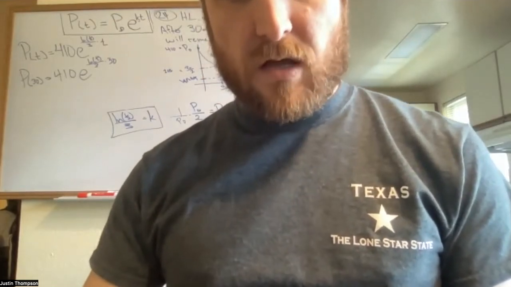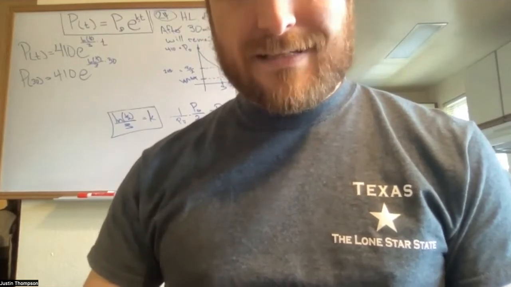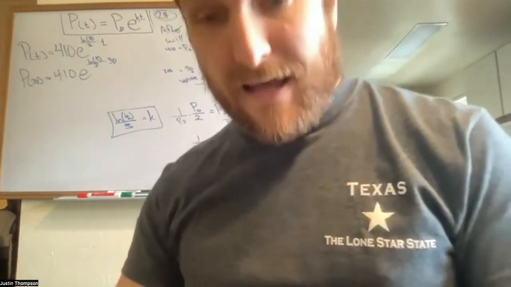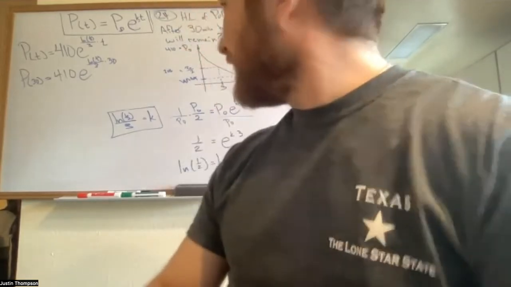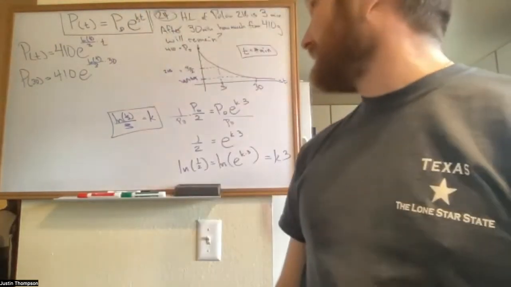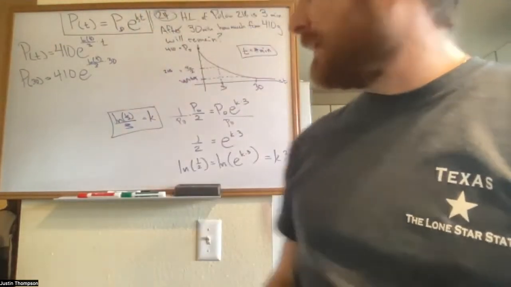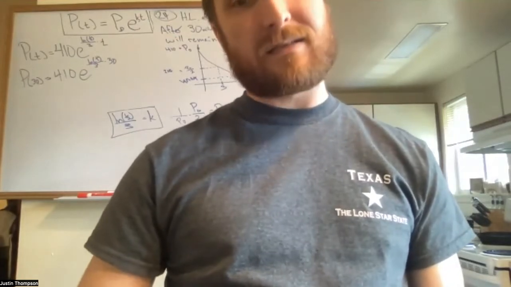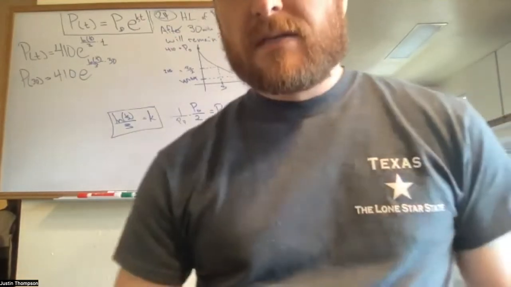Natural log of 1 over 2 divided by 3. That's my k value. I put parentheses around my k, and now I'm going to go times 30. And I'm expecting it to be less than half. It had better be less than 205. It should probably be a lot less than 205. Yes.